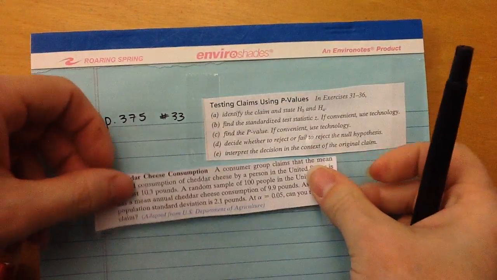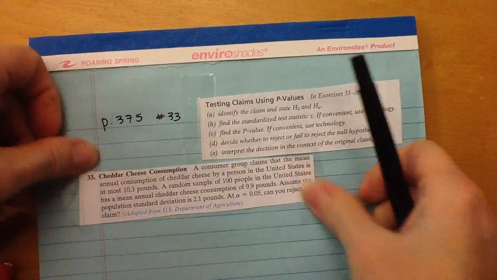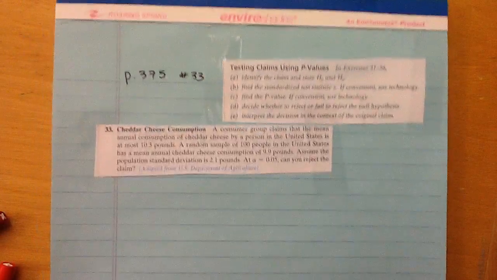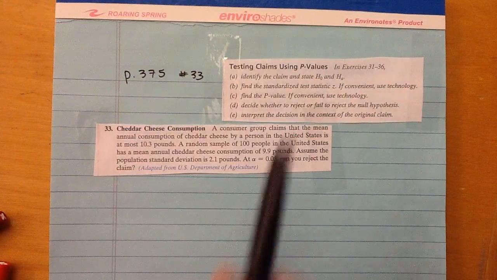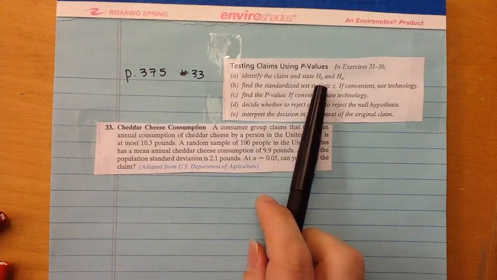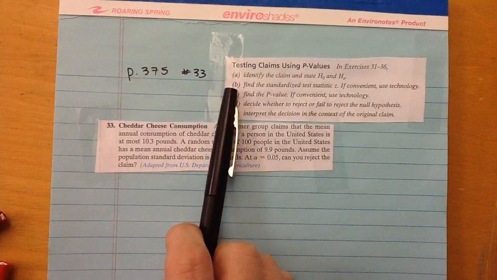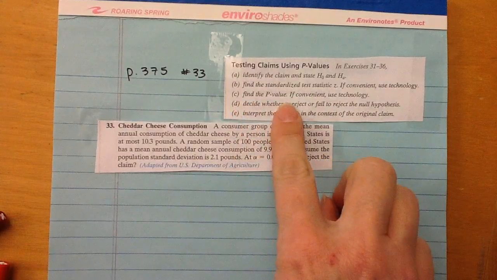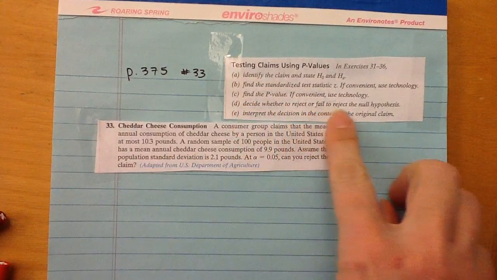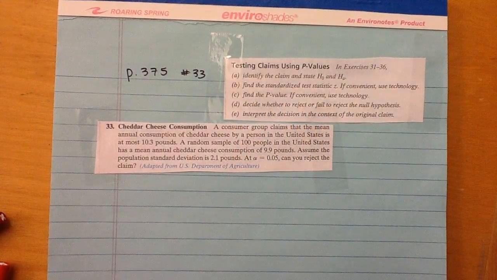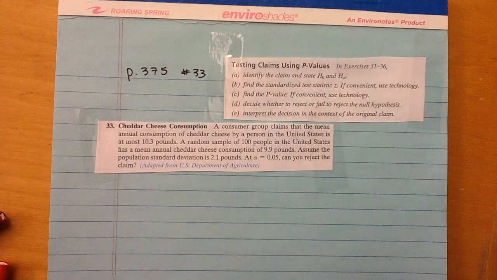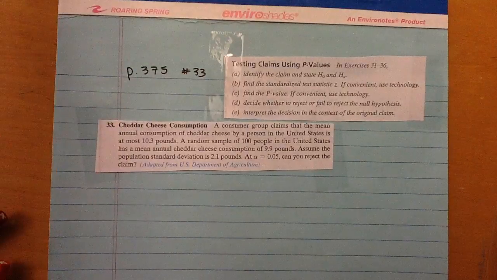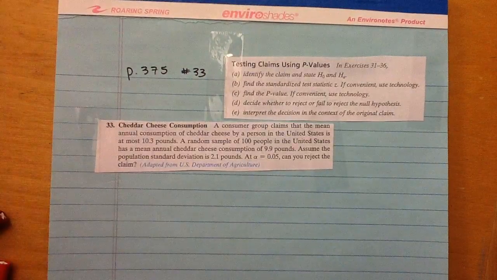And then here's our problem. So we are going to start by identifying the claim, state h sub 0 and h sub a, find the standardized test statistic z, find the p-value, decide whether to reject or fail to reject, and interpret the decision. So essentially we're going to do like all 8 of those steps that we just talked about. They just don't list out the first couple.